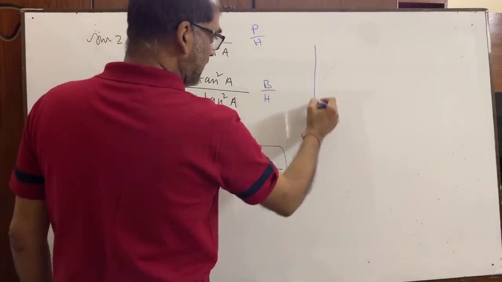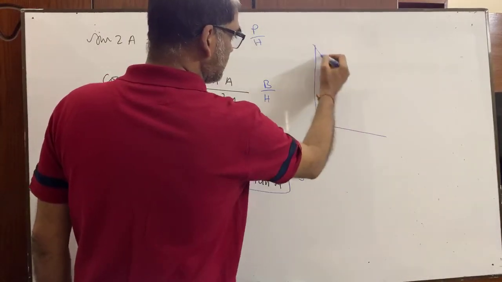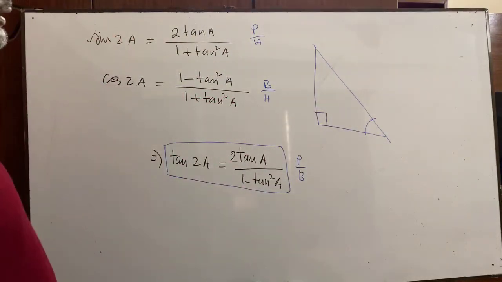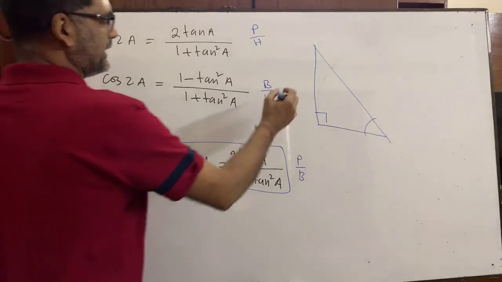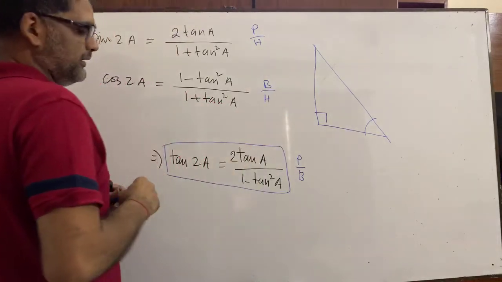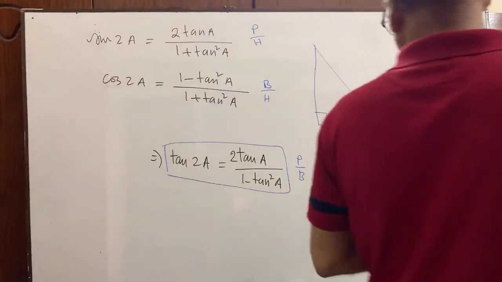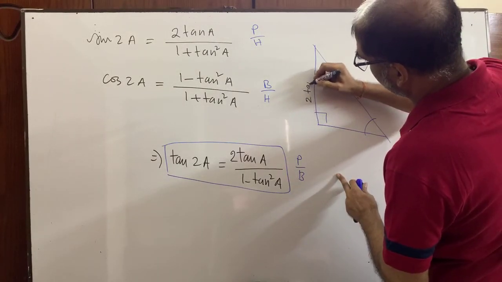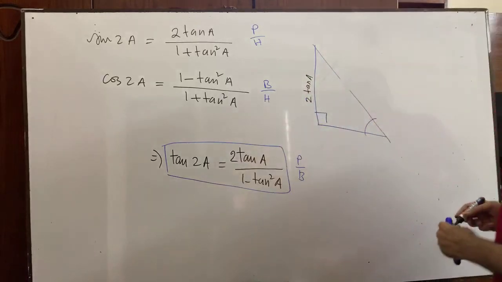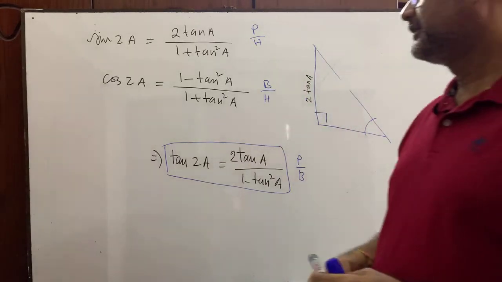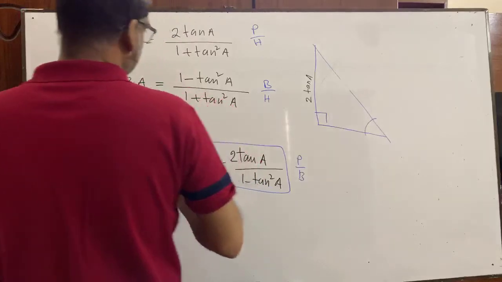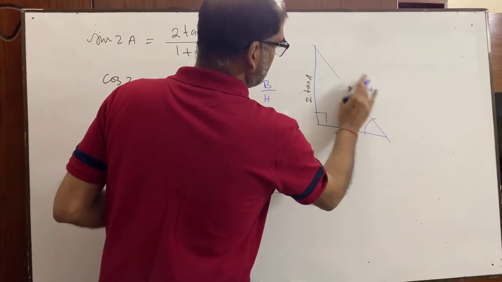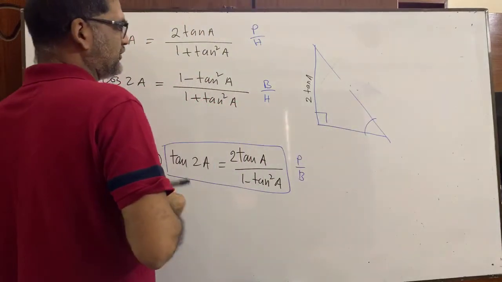Now, if a triangle is drawn like this, what is the perpendicular? 2 tan A is the perpendicular here, right? And what is the hypotenuse? Here 1 plus tan square A is the hypotenuse.